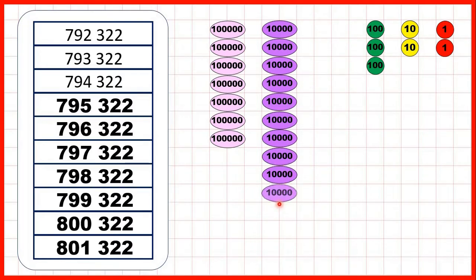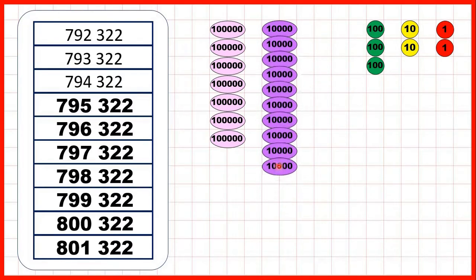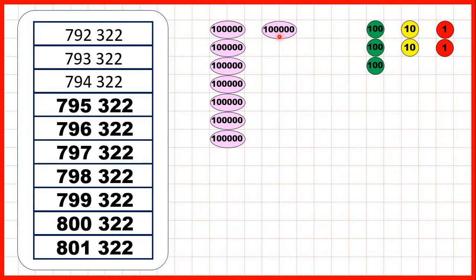But now, because we have 10 10,000 counters, we need to exchange those for another 100,000 counter. So then we end up with 801,322 because we now have 800,000s, no 10,000s, 1,000, and we still have 300s, 2 tens, and 2 ones.